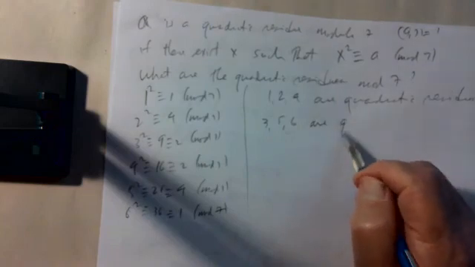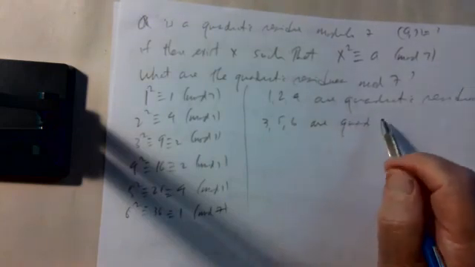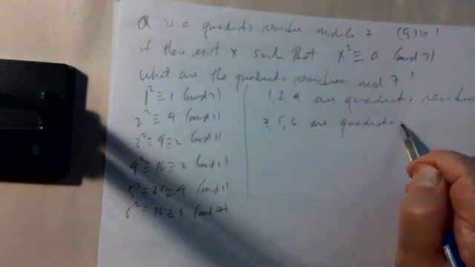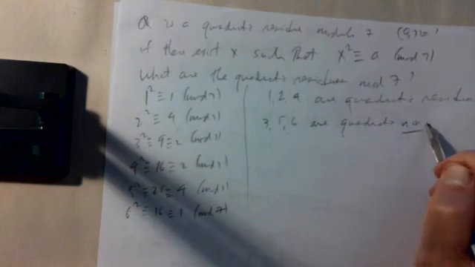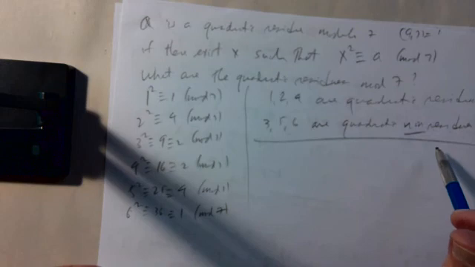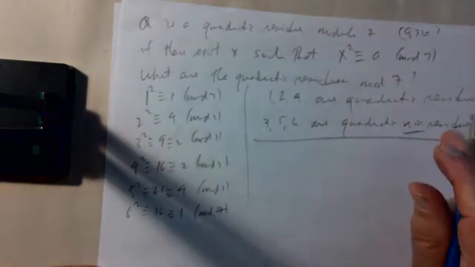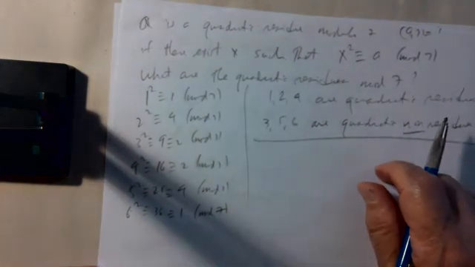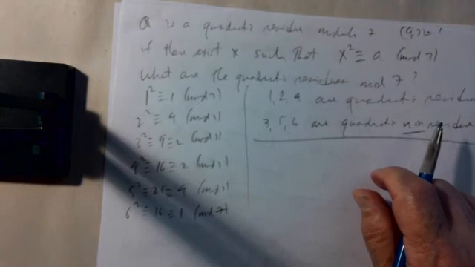So we might say these are quadratic non-residues mod 7. So mod 7, there are 6 non-zero congruence classes, and exactly half of them have square roots.